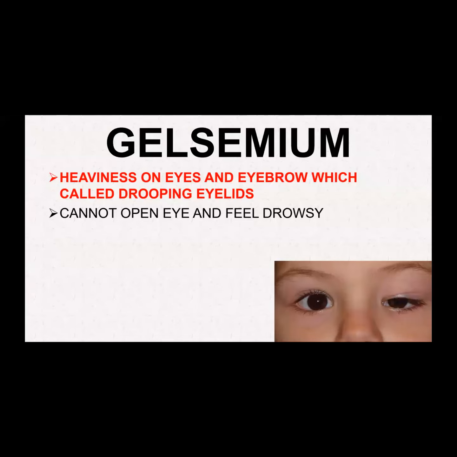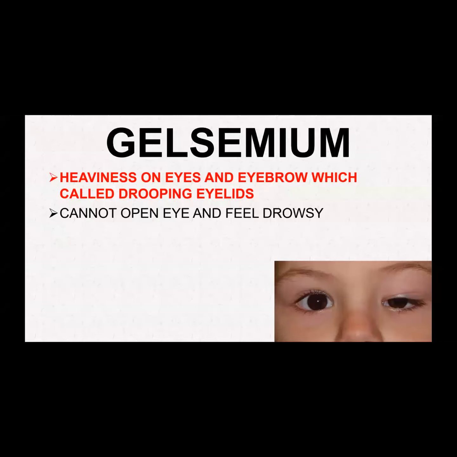So what happens basically in gelsemium? Gelsemium is basically the medicine of dizziness, drowsiness, and so on. The most important symptom of gelsemium in all acute diseases is heaviness at the eyebrows, a heavy sensation and heaviness in the head.